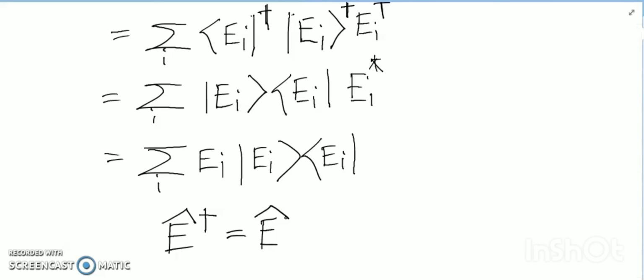We have a special name for operators that are their own Hermitian adjoints. We call them Hermitian operators. An observable is a Hermitian operator that satisfies the following inner product property.